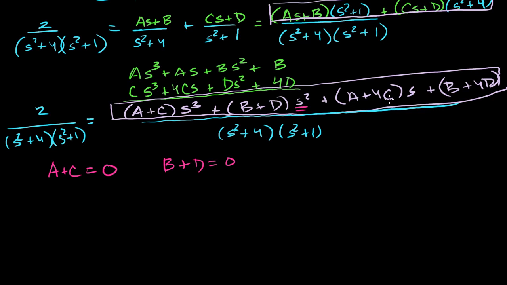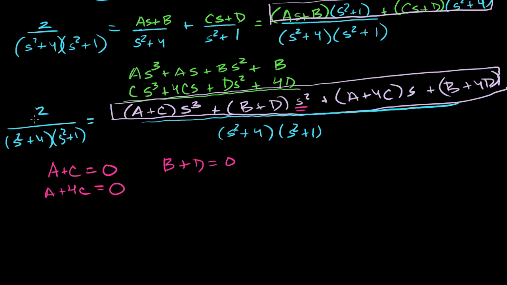A plus 4c is the coefficient on the s term. I see no s term over here. So a plus 4c must also be equal to 0. And then finally, we look at just the constant terms.